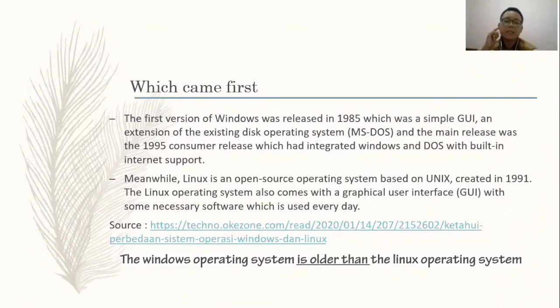Meanwhile, Linux is an open-source operating system based on Unix, created in 1991. The Linux operating system also comes with a graphical user interface, with some necessary software used every day. So, the Windows operating system is older than the Linux operating system.